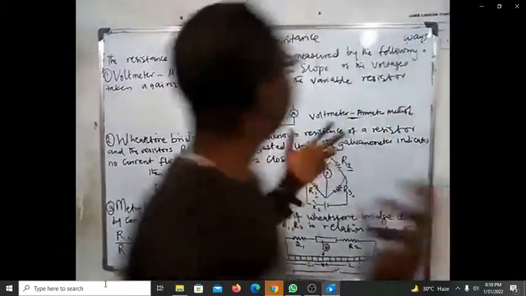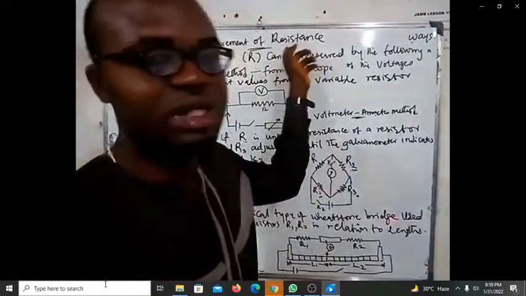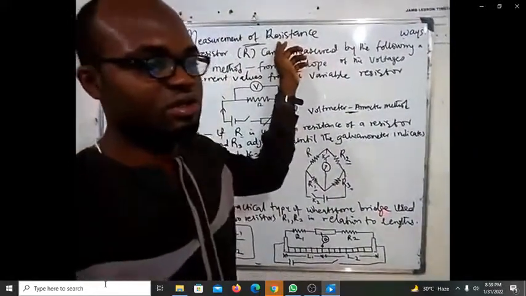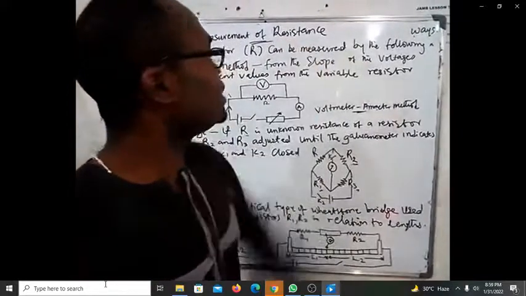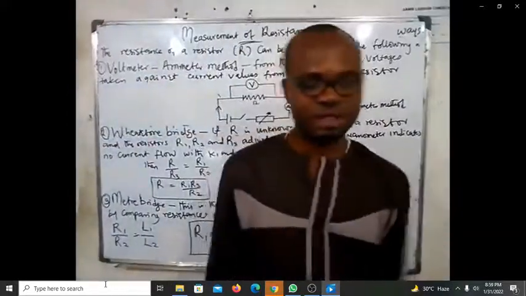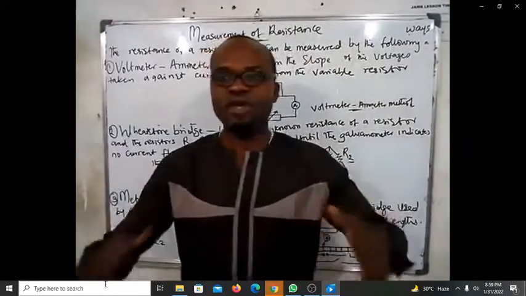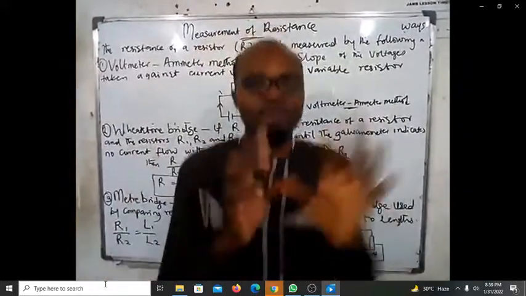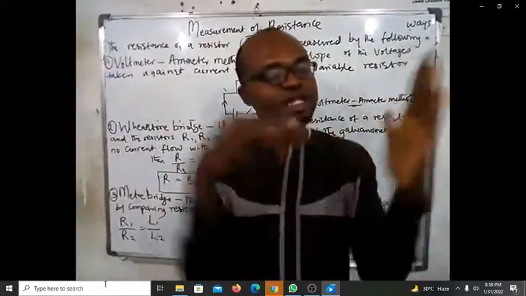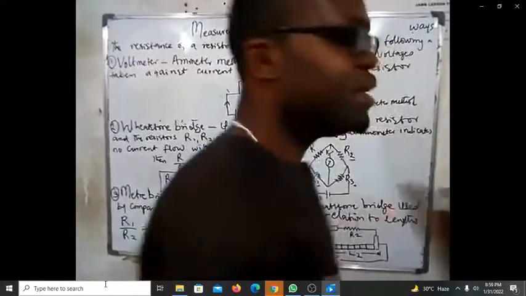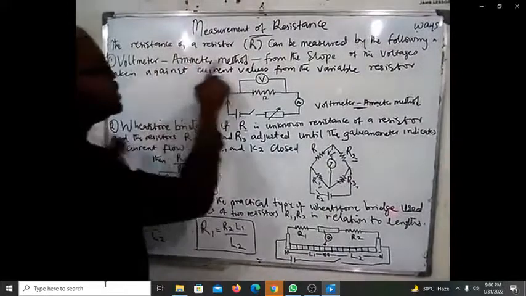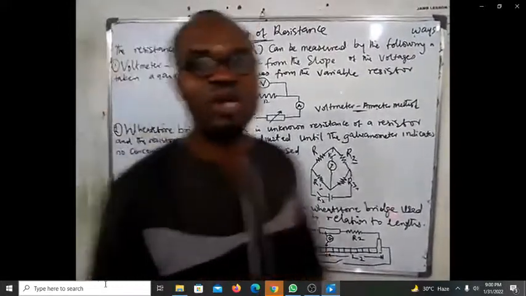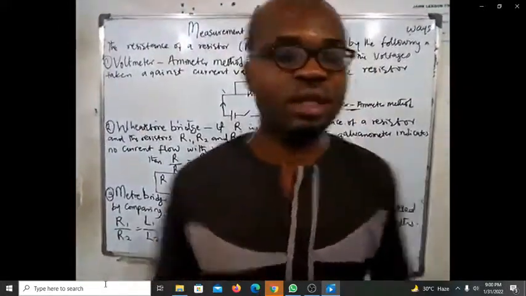So how do we measure the ability of a resistor to prevent the free flow of electricity, which is resistance? How can we measure the ability of a given resistor to prevent the easy flow of electricity? There are three ways to do that. Number one is that we can use the voltmeter-ammeter method.